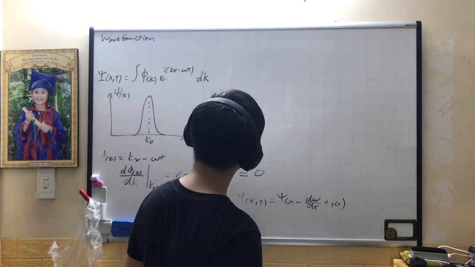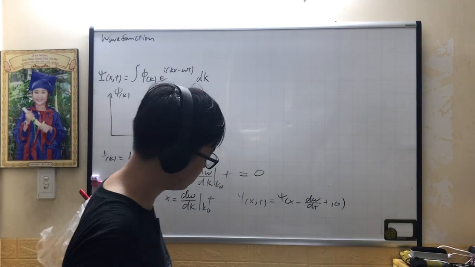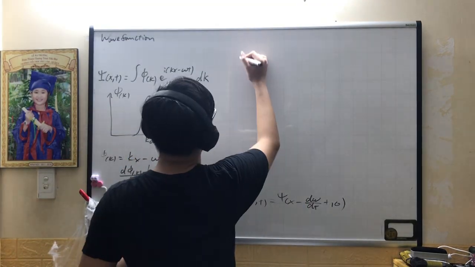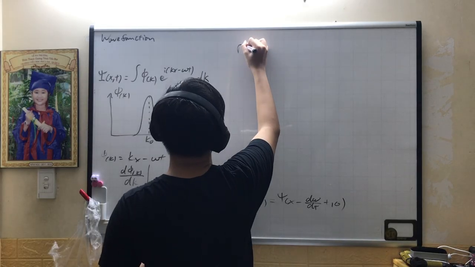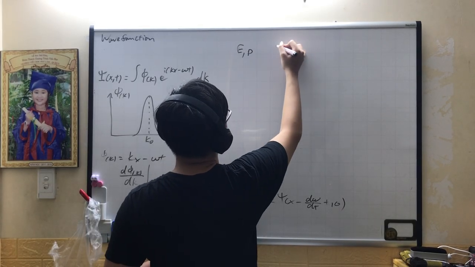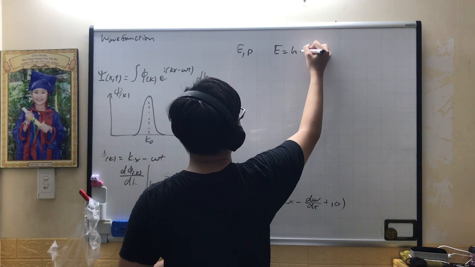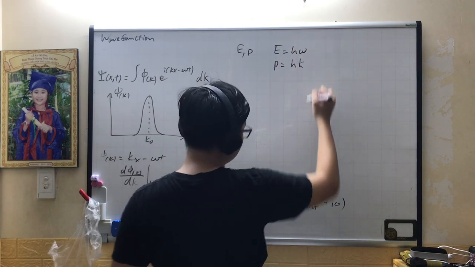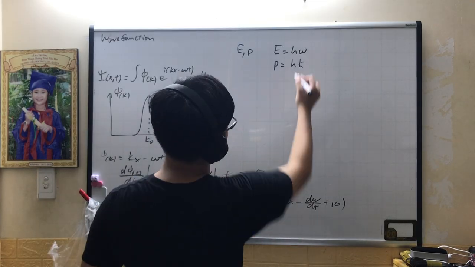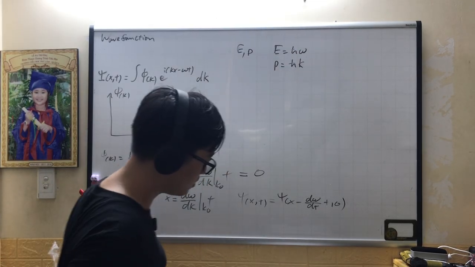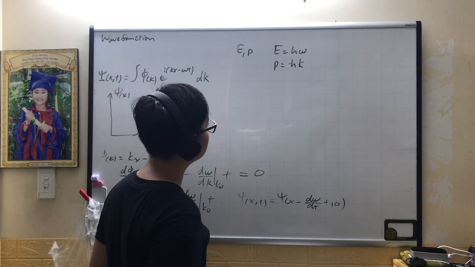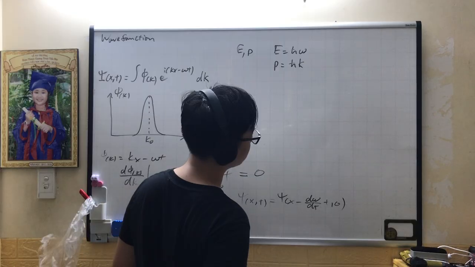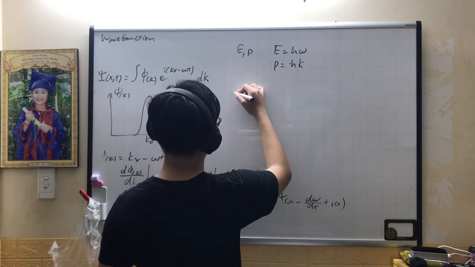The wave of a free particle, or a free wave, would have E and P, obviously, with E equal to h bar omega and P equal to h bar k. And from this, you would get 4 choices as to what your wave would look like.